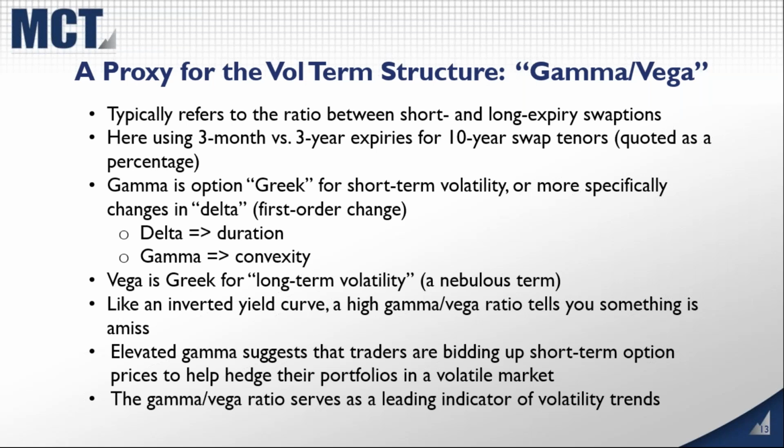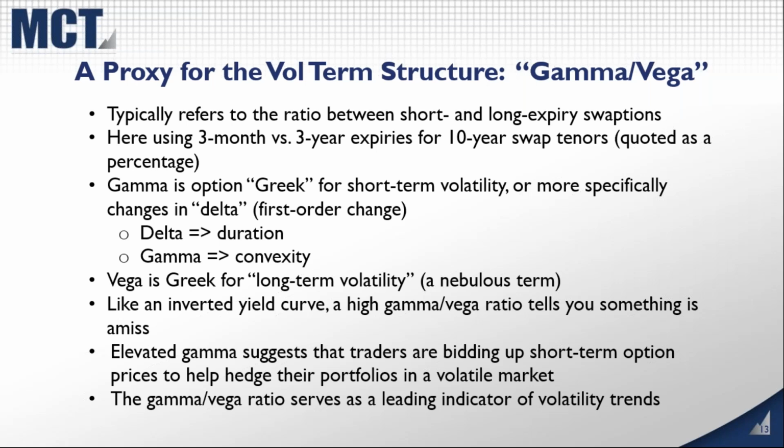And the gamma and vega both are option terms. Gamma is Greek for the short-term volatility, basically how much the change in the first order effect takes place, analogous to convexity within the MBS sector.